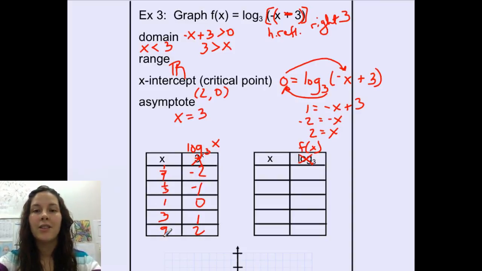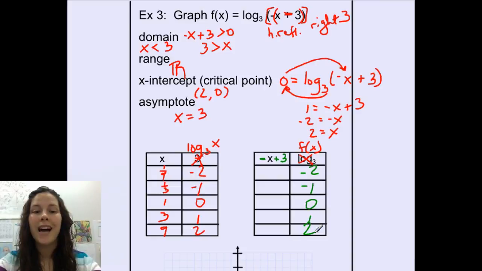So now we're going to take those values and transform them for our new graph. We had a horizontal reflection, which multiplies our x value by a negative, and shifting right 3. So we will add 3 to our x. So all of those y values will be left alone. We had no vertical transformations.